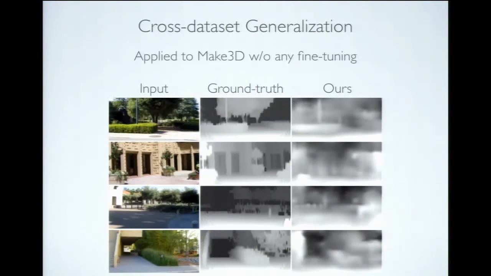To test the cross-dataset generalization ability of our model trained on KITTI and Cityscapes, we apply it directly to the Make 3D dataset without seeing any Make 3D image during training. The results are not great in the fine details, but still reasonable in getting the global scene layout correctly.